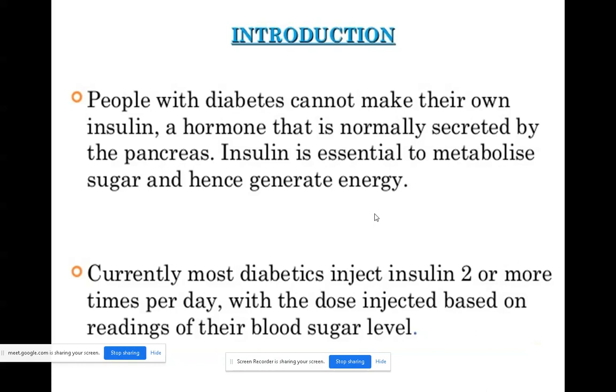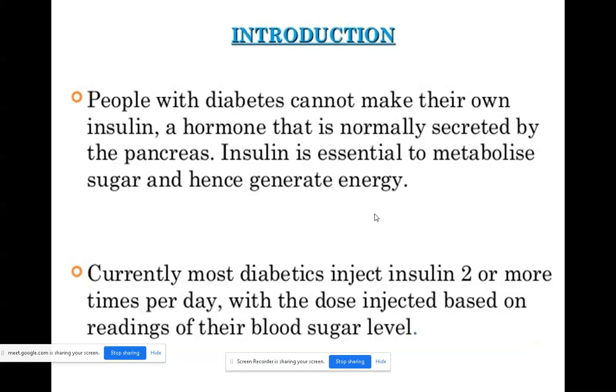So the patient who is not able to generate insulin naturally by the pancreas, which is part of your body. The pancreas is responsible for secreting the insulin hormone. So a patient with that hormone deficiency will be taking insulin medicine.